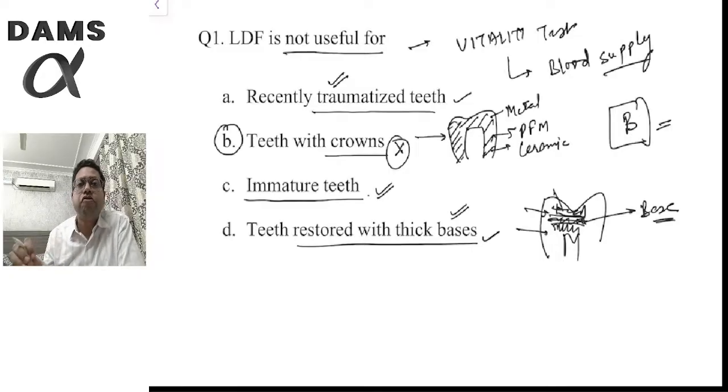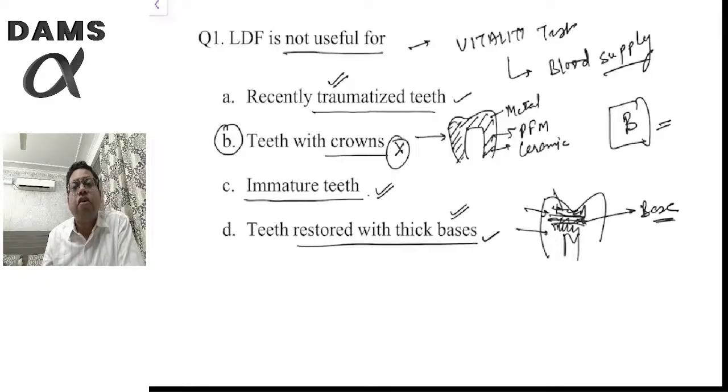Although laser Doppler flowmetry is one of the most accurate available methods for detecting pulp vitality, it is not useful in teeth with full coverage crowns. So whenever we encounter teeth with full coverage crowns, irrespective of the type of full coverage crown, the most preferred diagnostic test would be solid carbon dioxide snow. So there are basically two sets of questions like this.